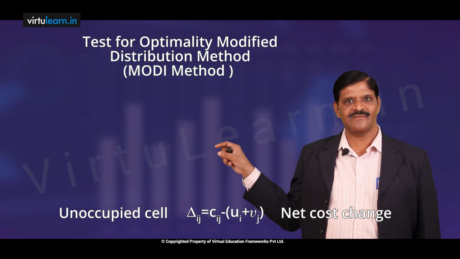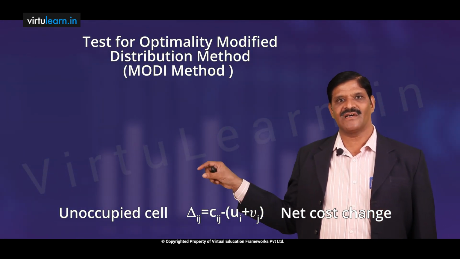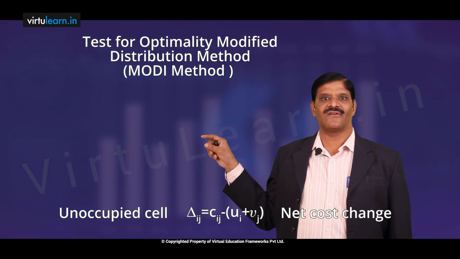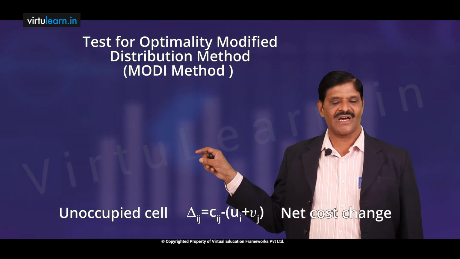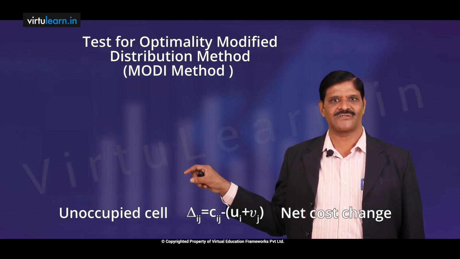However, applying the MODI method will enable us to know whether we have already reached optimality, whether we have obtained the optimum solution or not. Now we'll check with the modified distribution method. It is a check for optimality. This method, as we have discussed earlier, we call the modified distribution method.